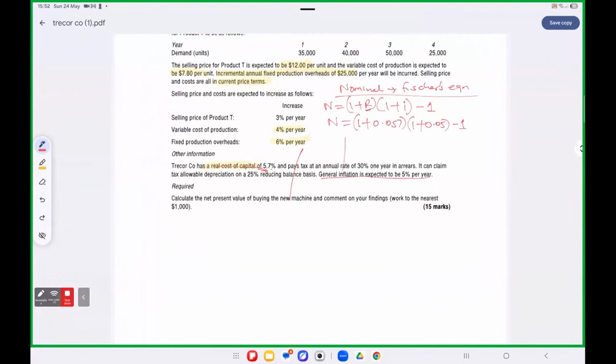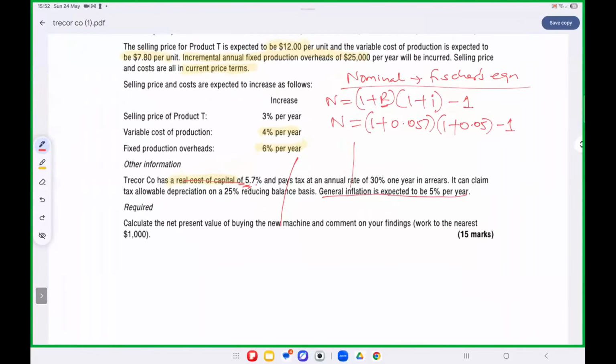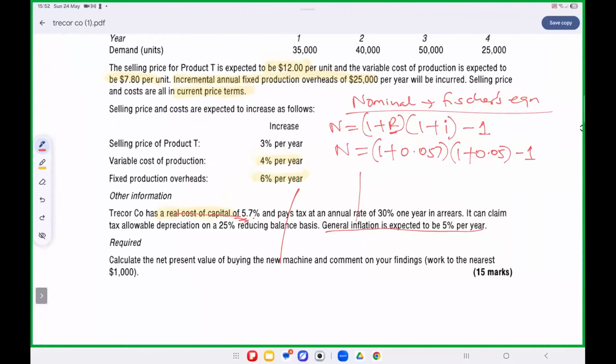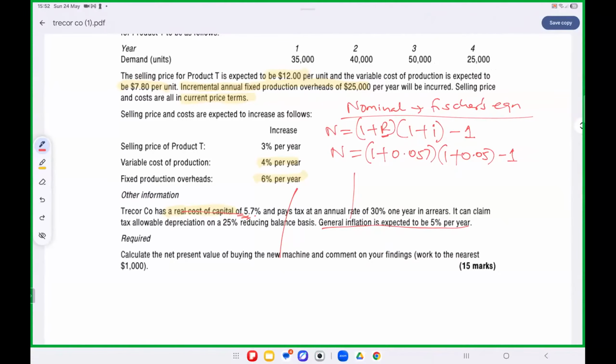Very good. Now, ladies and gentlemen, once you've been able to get the depreciation tax shield, we shall straight away go to the third step, the cash flow step. Cash flow, you can see they have given me demand, which is my X. You can see they have given me selling price, meaning that I'll be able to get revenue.